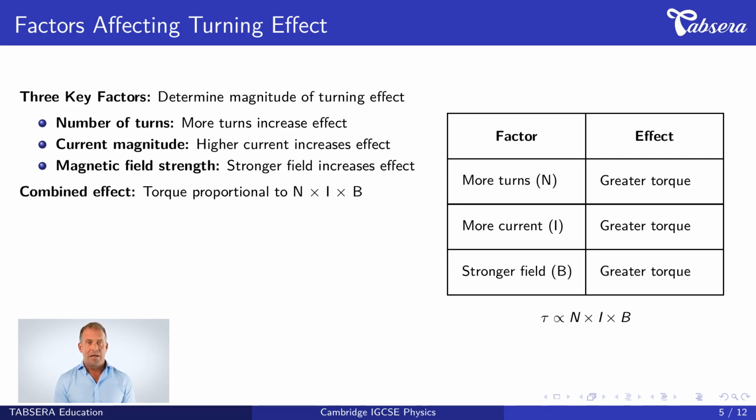Higher current through each conductor increases the force on each turn, increasing the overall turning effect. Third, the magnetic field strength. A stronger field exerts greater force on each current-carrying conductor. The combined effect shows that torque, the turning effect, is proportional to N times I times B, where N is number of turns, I is current, and B is magnetic field strength.